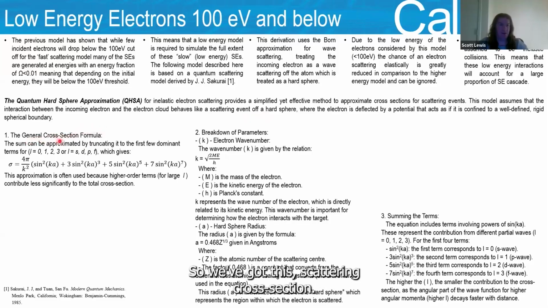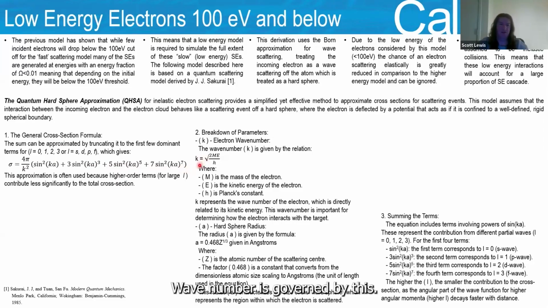So we've got this scattering cross section. We need to get this cross section in a quantum picture, where electrons behave as waves. So these are your orbitals: your S, your P, your D, and your F. And your scattering cross section is basically governed by this equation. It's pretty easy to plug into Python or something like that.